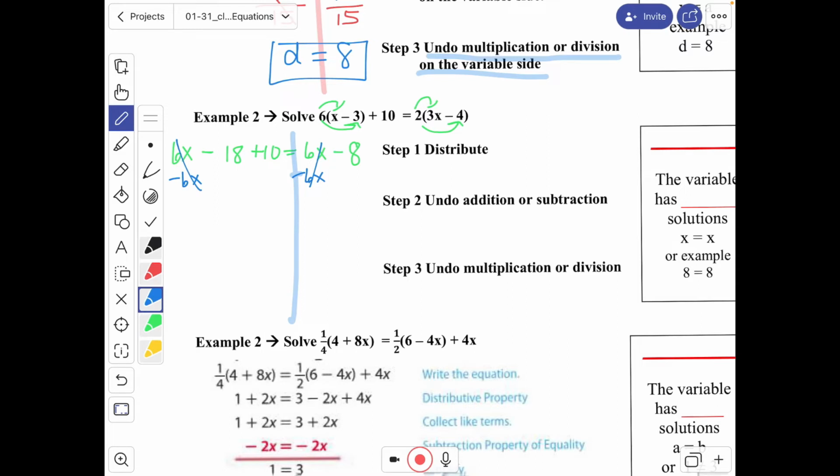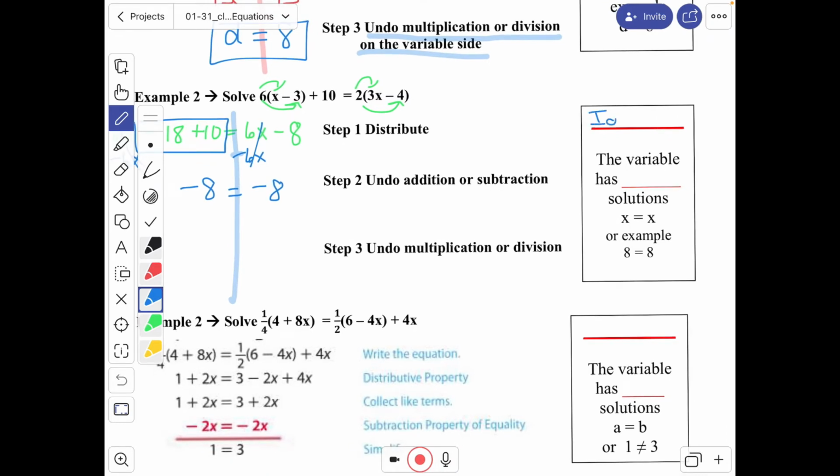So we have minus 18 and positive 10, that would be -8. And over here on the right, since they canceled, I still have -8. So they're balanced, but I didn't figure out what x is.